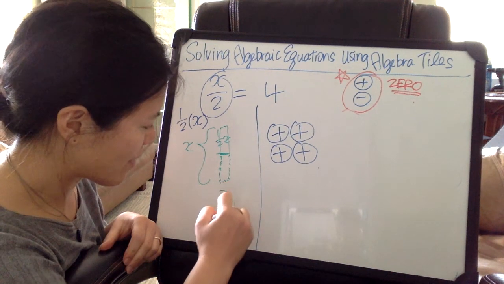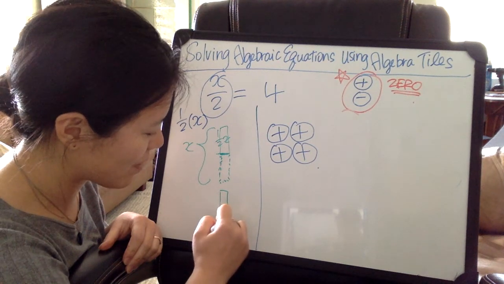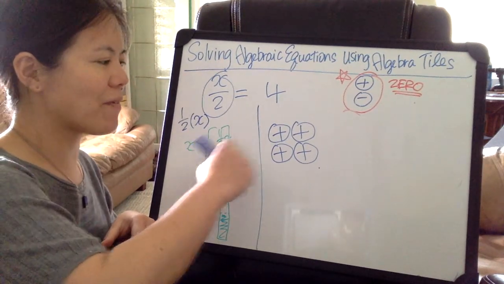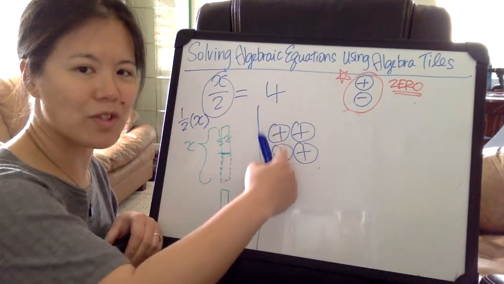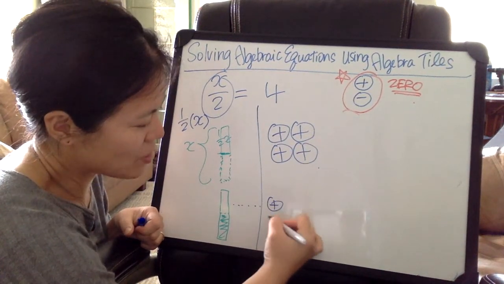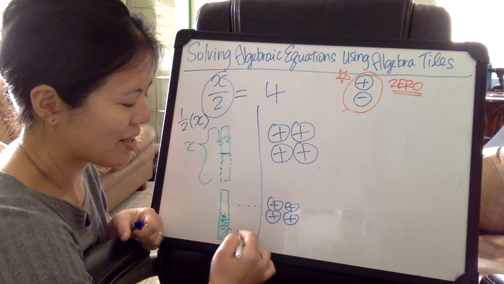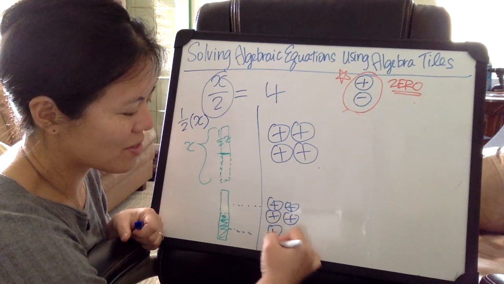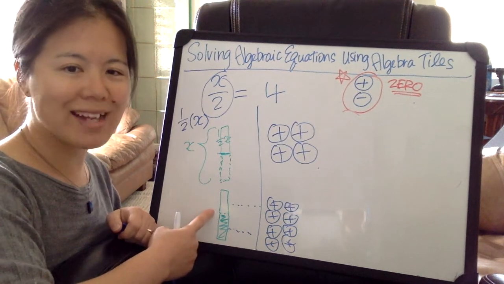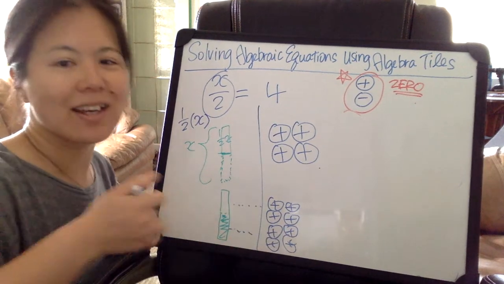If I'm adding the other side right over here, making this part into existence, you can see that if half of it makes up 1, 2, 3, 4 positive tiles, the same amount, 1, 2, 3, 4, then the whole x, 1x, is 1, 2, 3, 4, 5, 6, 7, 8 positive tiles.